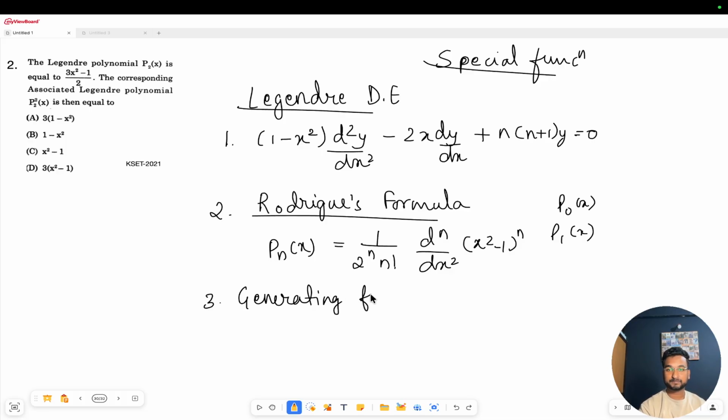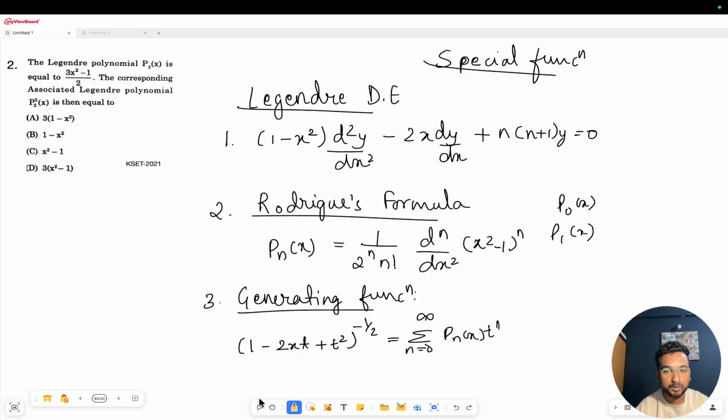Generating functions. What is the generating function? The generating function for Legendre polynomial is (1 minus 2xt plus t square) to the power minus 1 by 2, which equals the summation of Pn(x) t to the power n, n equals 0 to infinity.